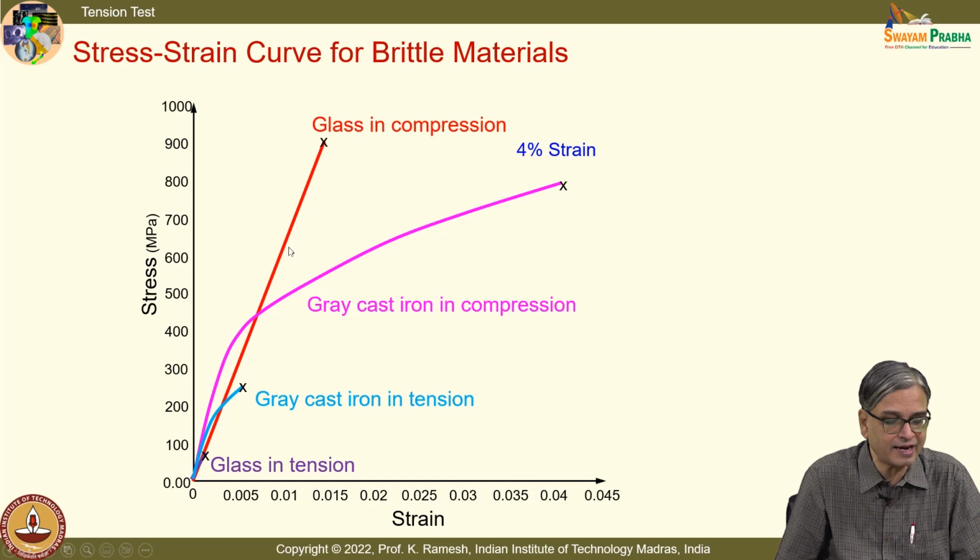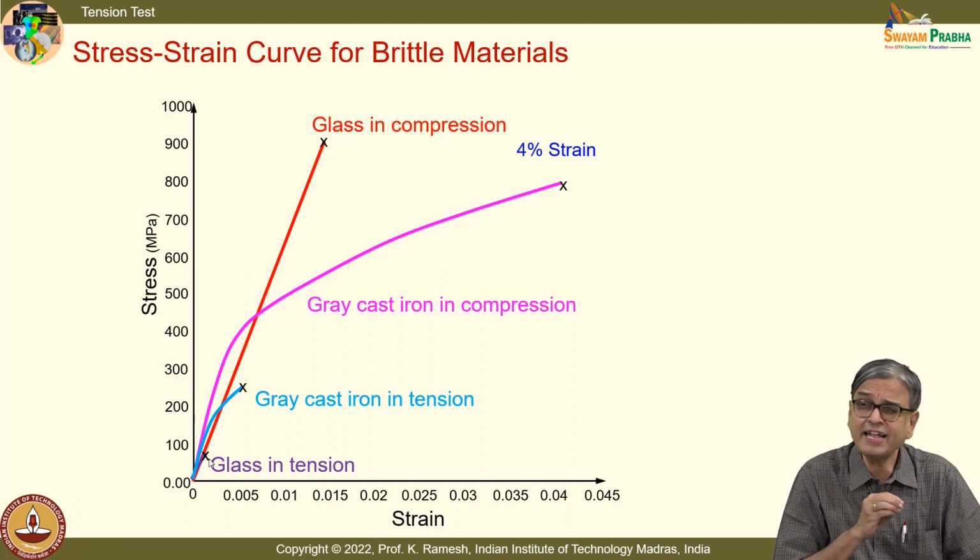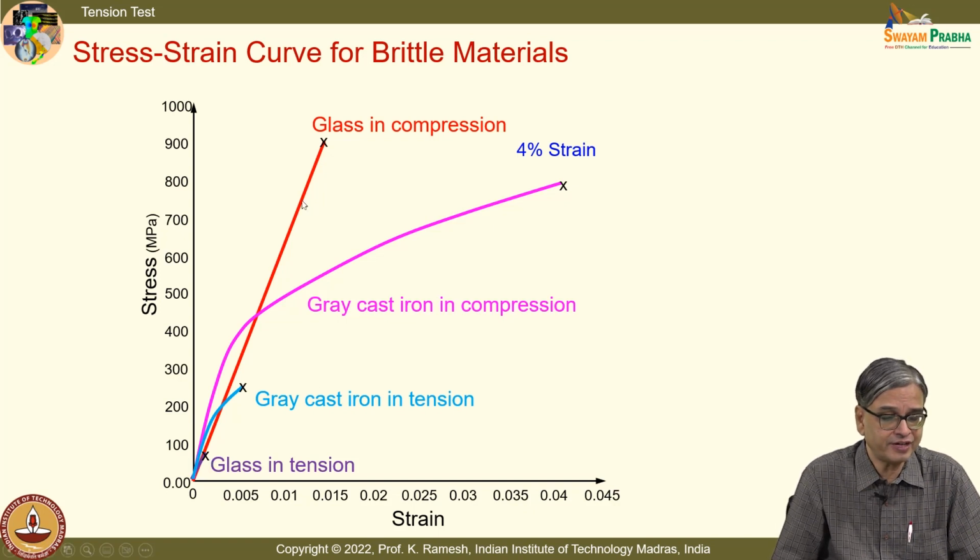I have a glass, and it shows that glass in compression is about 900 megapascal. Is the idea clear? Whereas glass in tension fails below 100 MPa. Is the idea clear? It's strikingly different when you take a brittle material. First observation is the strain levels are also very small.